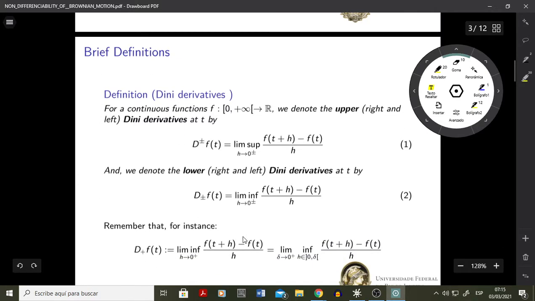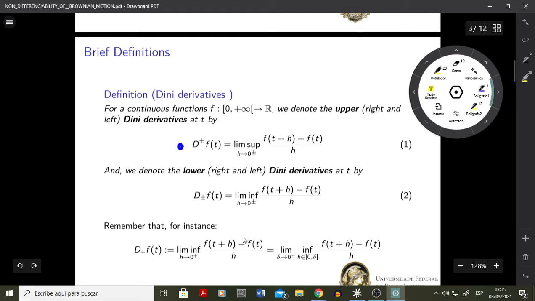So we start with Dini derivatives. Well, for a continuous function from the non-negative numbers to the real numbers, we denote the upper right and left Dini derivatives of f at t by this.